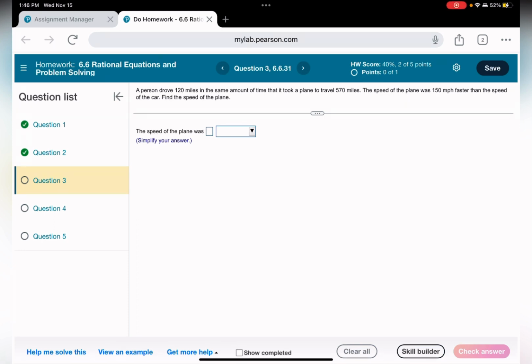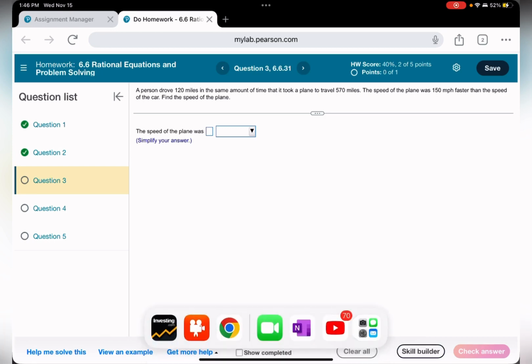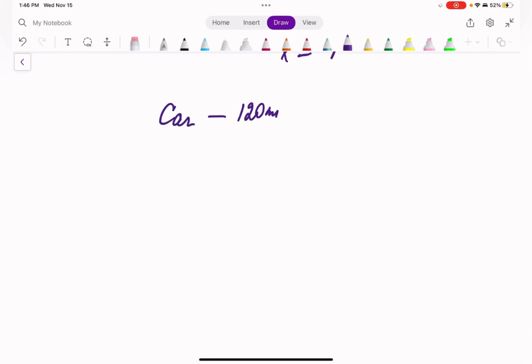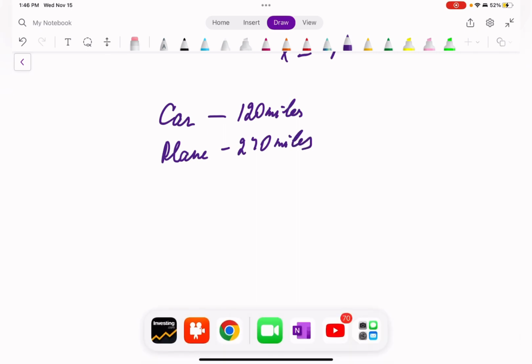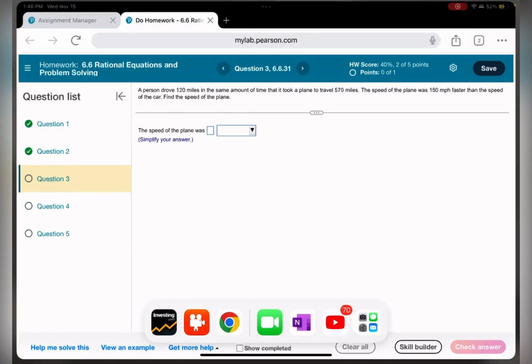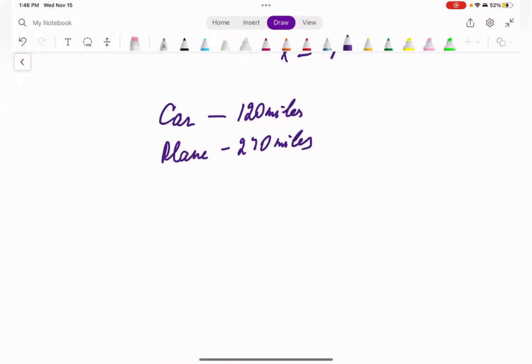All right, let me write down 120, 570. Car, 120 miles. Plane, 570 miles. And the plane was 150 miles per hour faster.